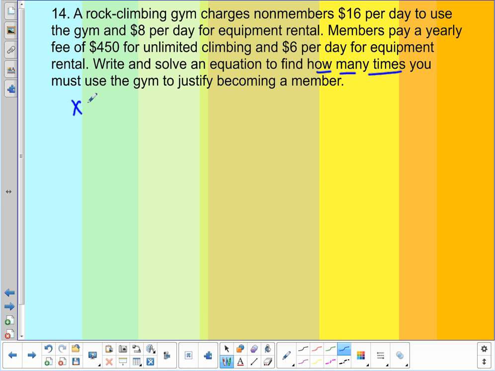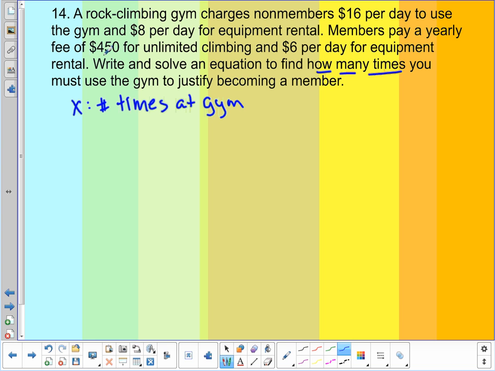So x is going to be the number of times at the gym. Okay, and usually you notice in the last word problem that we did and in this one, you find it towards the end of the whole paragraph, usually in the last sentence. Okay, now I'm going to go back up to the top and I'm going to reread it. It says a rock climbing gym charges non-members $16 per day and $8 per day for equipment rental.